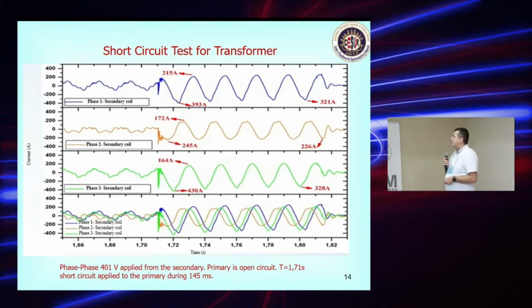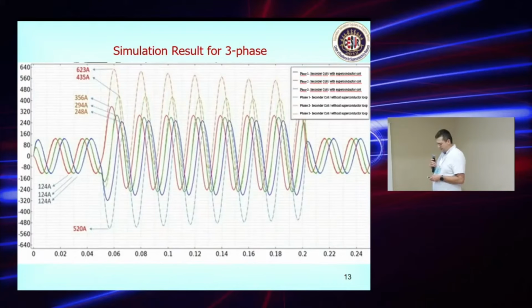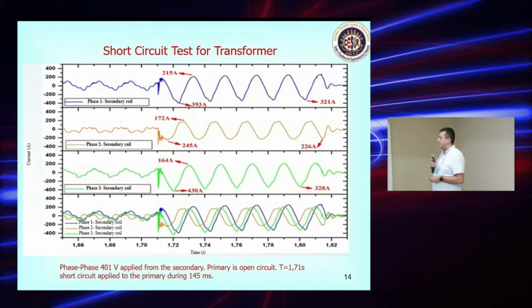At the time of 1.71 second, short circuit started, primary to primary, during 145 milliseconds, and we got these results. If we compare with the previous one, the limited current and the tested short circuit values are compatible.